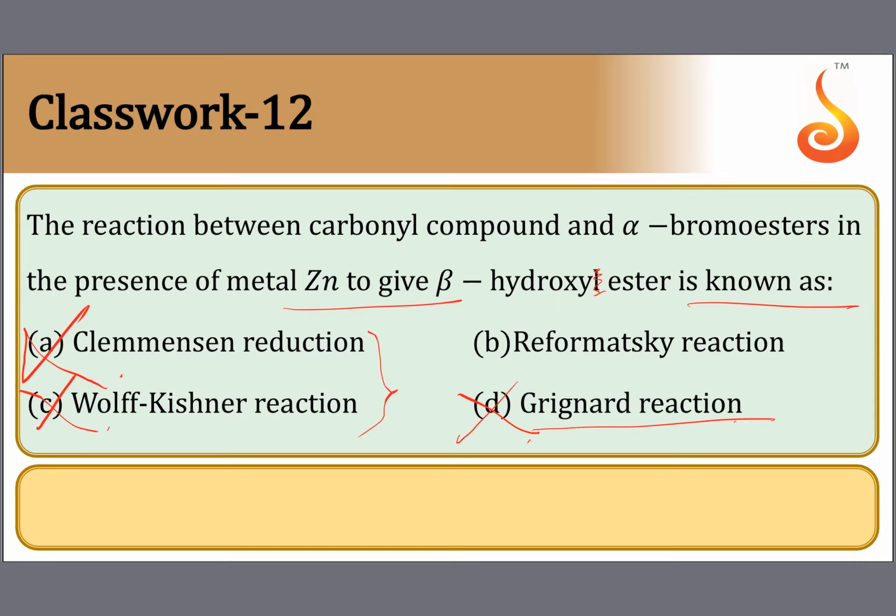Grignard reaction we know. So the answer is the Reformatsky reaction. Aldehyde without alpha hydrogen, when reacted with alpha bromo esters in the presence of zinc, finally after hydrolysis and heating, we can get an alpha beta unsaturated acid. That is nothing but the Reformatsky reaction.